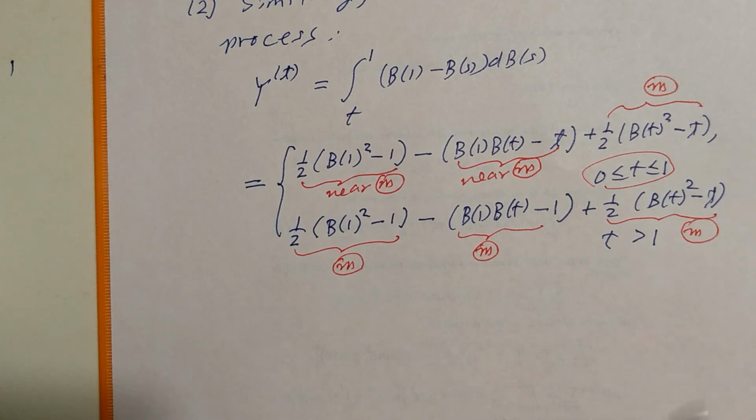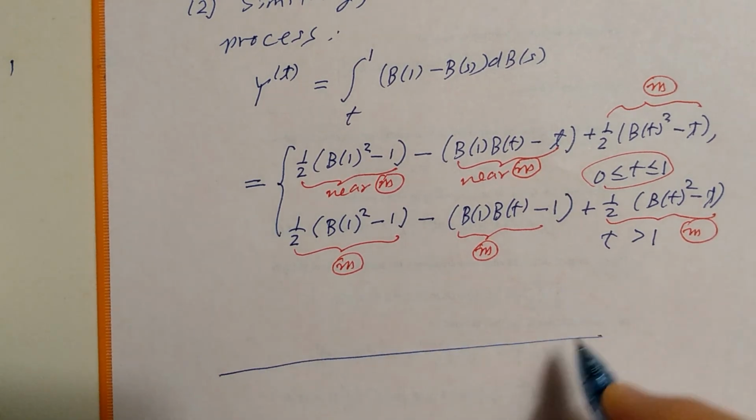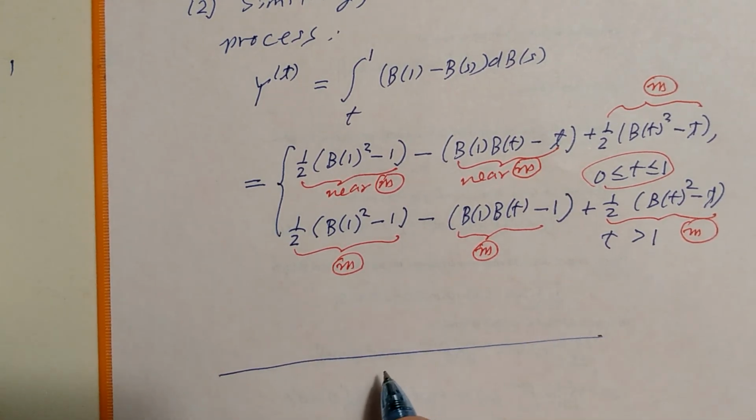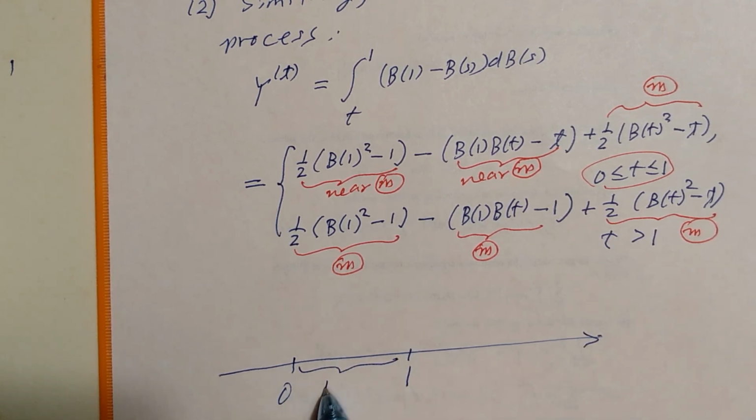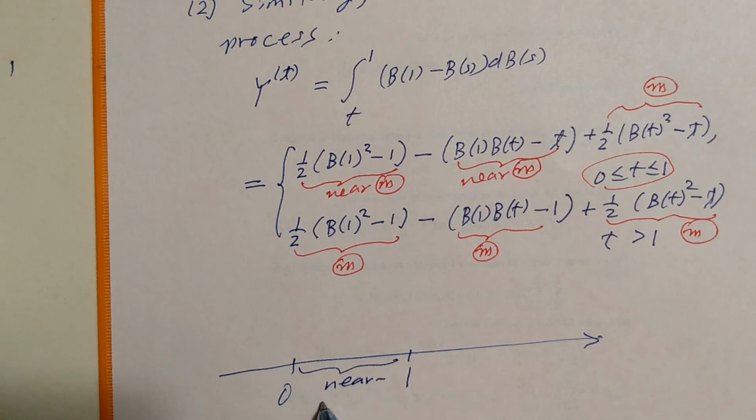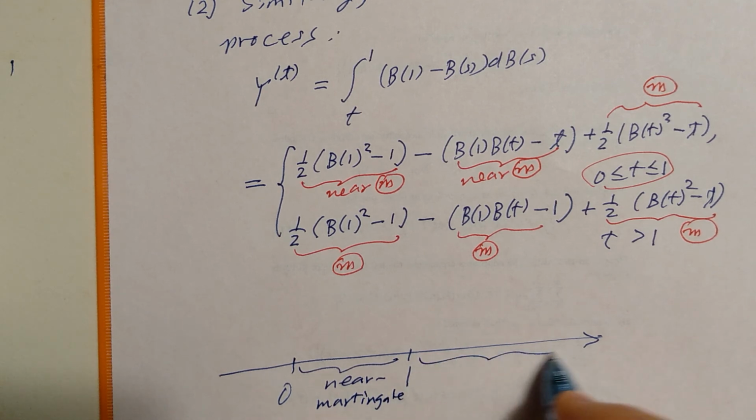And so again, we have the same situation: 0, 1. Over here is a near martingale, and over here, when t is greater than 1, is a martingale.